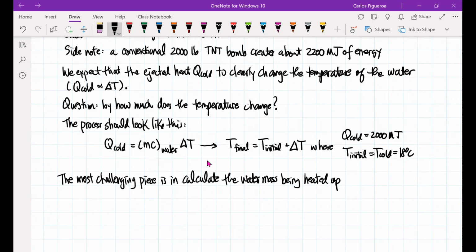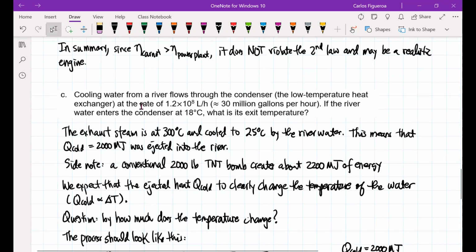So what I'm going to do here is that the only information that they give us is the rate of water flow, which is 1.2 times 10 to the 8 liters per hour.